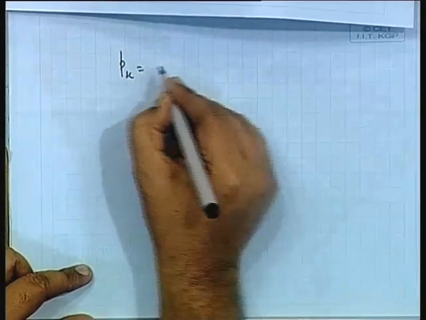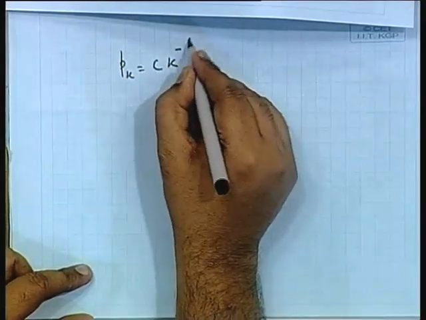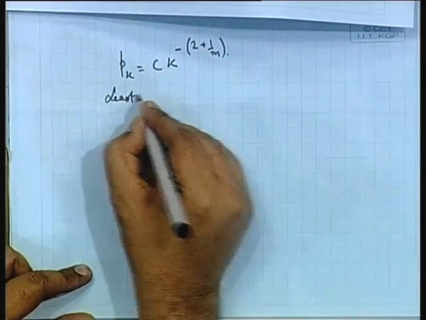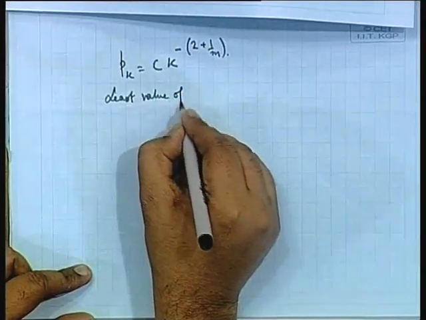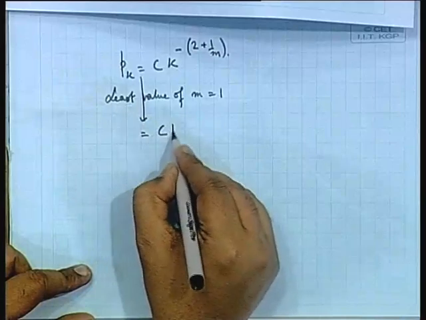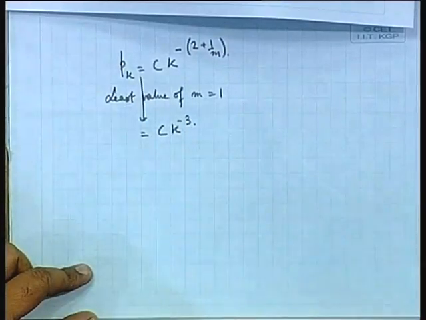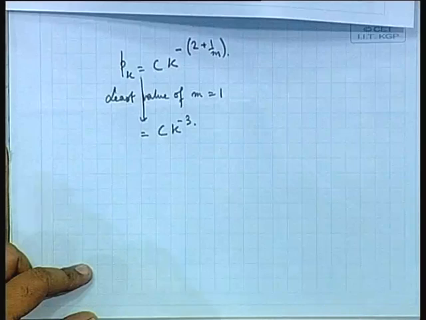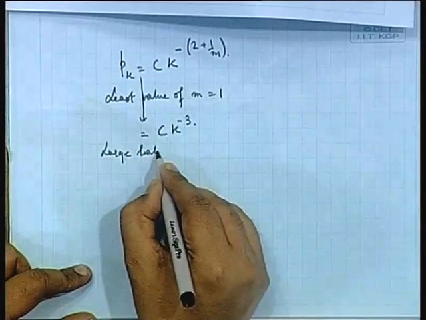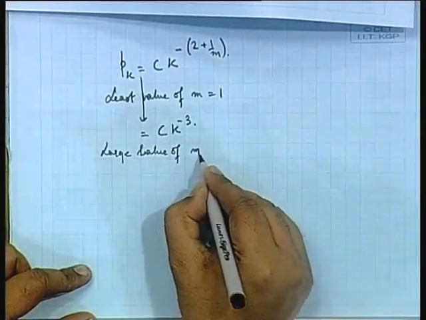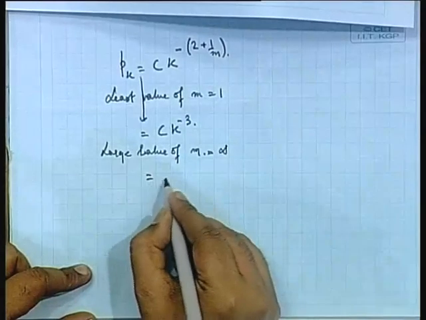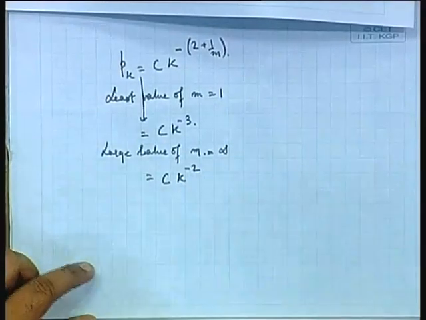Pk is equal to C k to the power minus 2 plus 1 by m. So, the least value of m is 1, then this becomes C k to the power minus 3. Okay. And the largest value of m, infinity, then this becomes C k to the power minus 2.